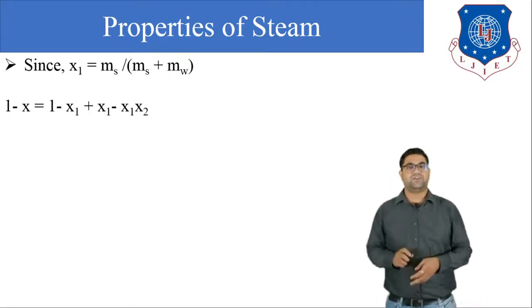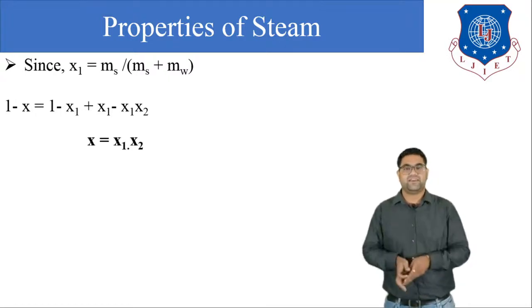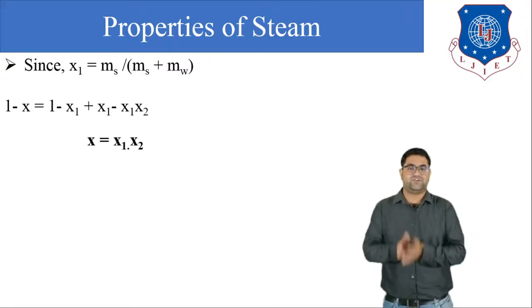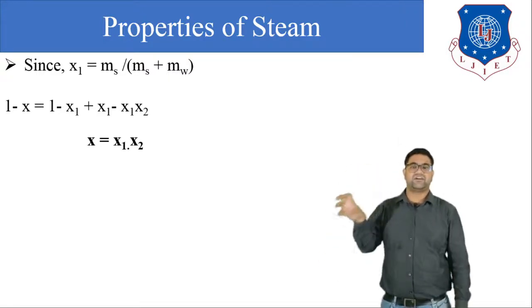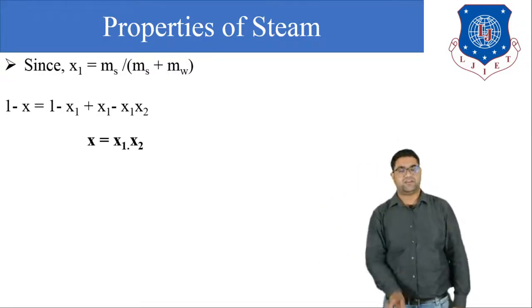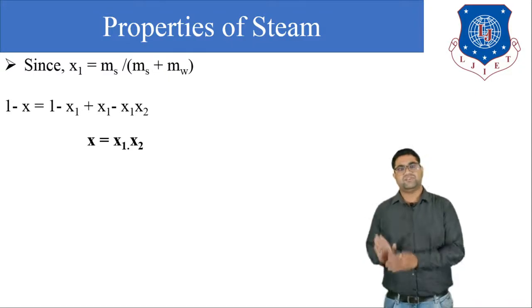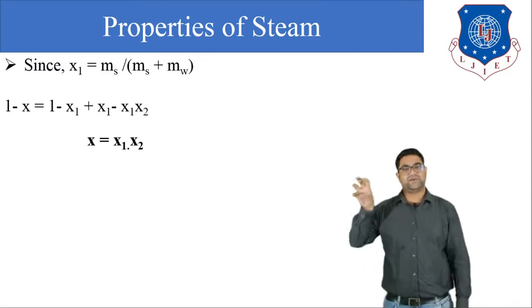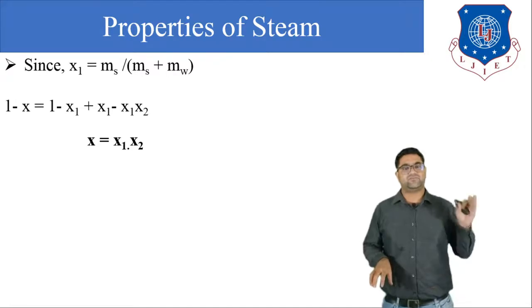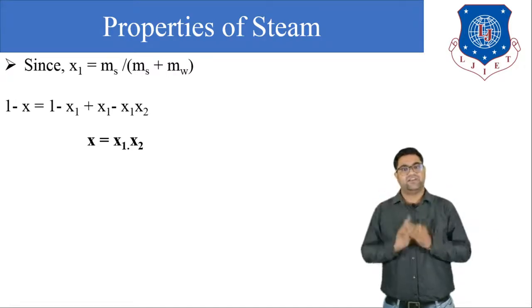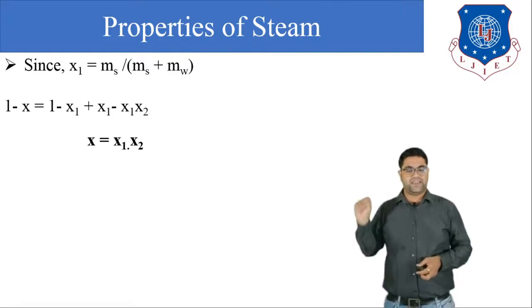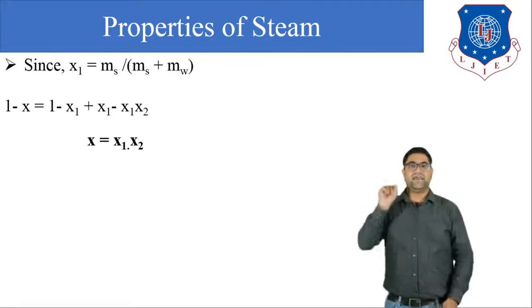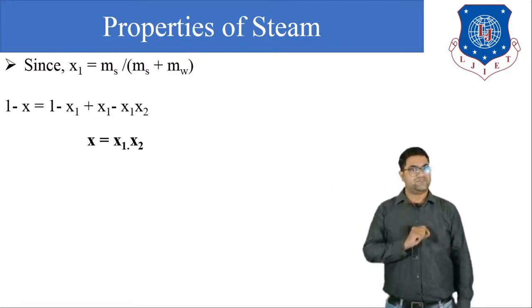Okay, so after putting the value, we can get x equals x1 into x2. So this x is the dryness fraction of the combined separating and throttling calorimeter. Okay, so with the help of the dryness fraction of the separating calorimeter and the dryness fraction of the throttling calorimeter, we can get the value of the combined dryness fraction, that is the value of x. Okay, so this is the accurate value of the dryness fraction.